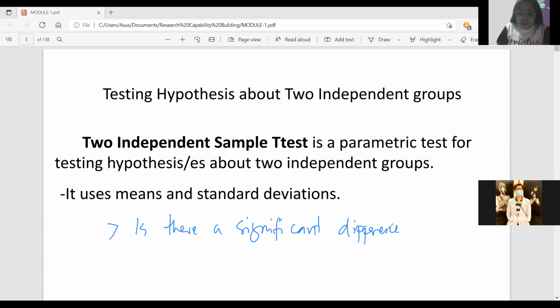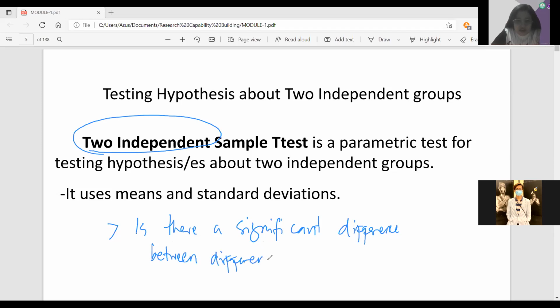But take note that this is only applicable for two independent samples, meaning you will have two variables to compare. So please check your SOP if there is a significant difference between two variables only.